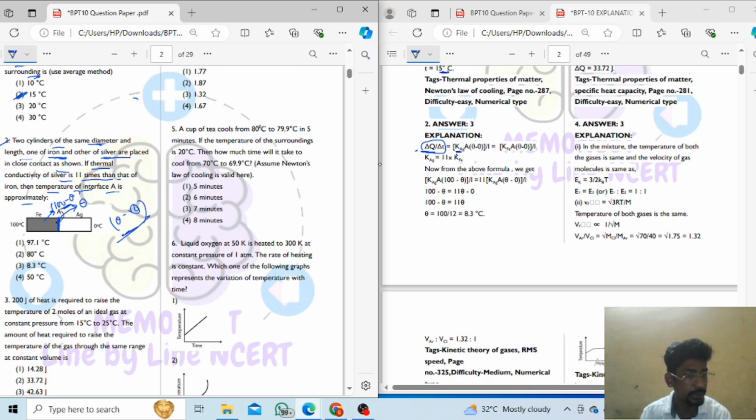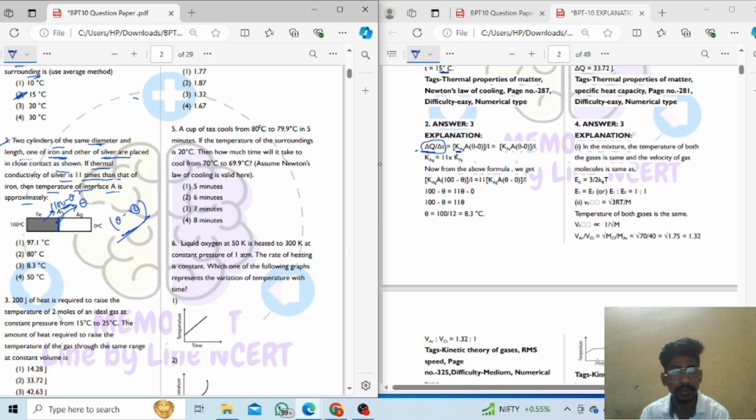Now if you equate the equation del Q by del T, as these two are connected, the heat transferred will be equal in both the cases, like for the iron and for the silver it will be equal.